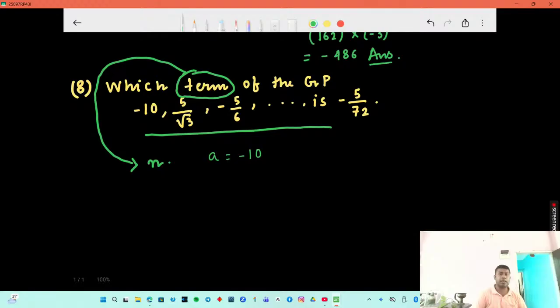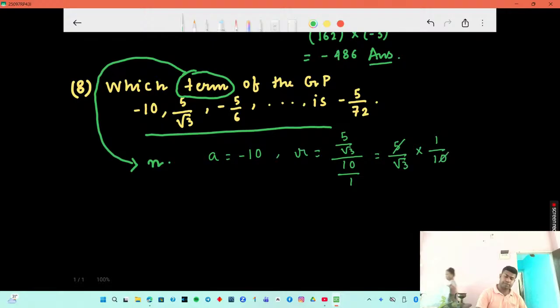And how can we calculate r? We can calculate r by just dividing the next term by the preceding term. Is it clear? So r is equal to 5 by root 3 divided by minus 10, which is 5 by root 3 into 1 by 10, equal to 1 by 2 root 3.